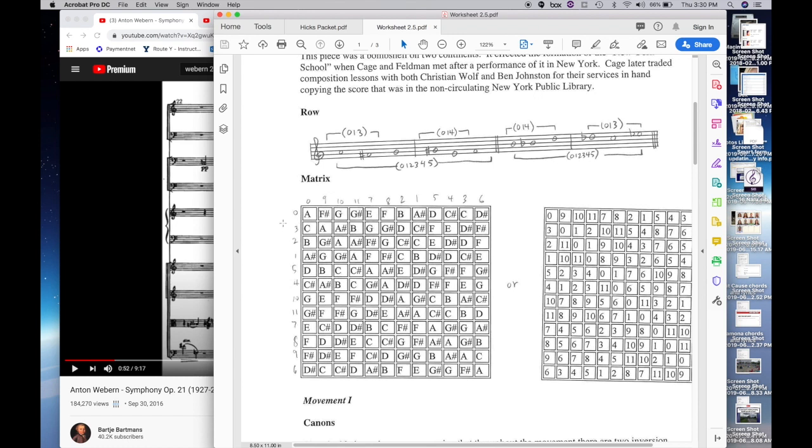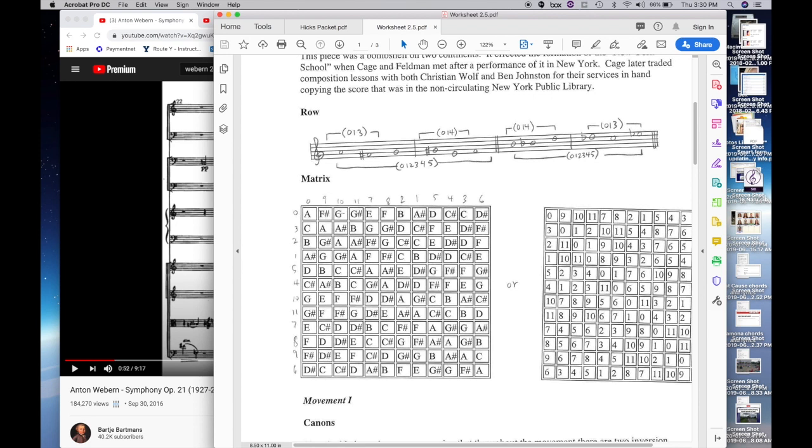And we're going to find that we could take any row form and take its R6, and it's going to be the same row form. Let's take one at random. Okay, how about I10? G, A sharp, A, and so on. This is I10. Well, what's the R6 of I10? In other words, we transpose it by 6 semitones and reverse it. We could either add or subtract 6 from 10. That's going to give us 4.